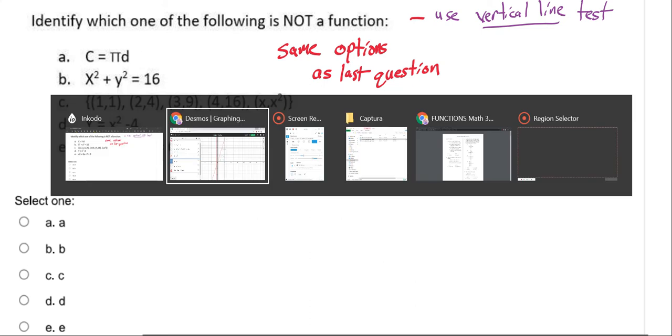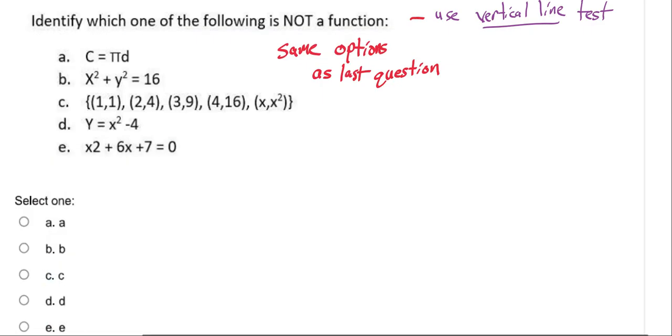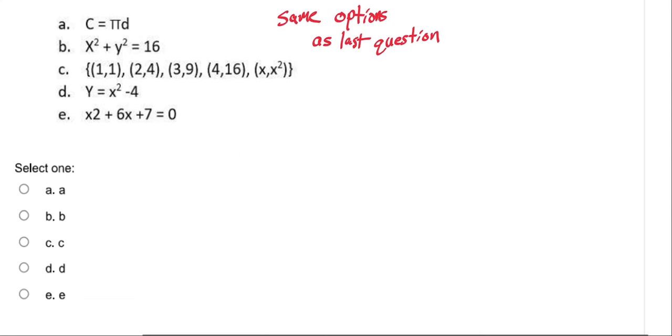So if we look at the graph that we just had, the one that made the vertical line was this one, 2x plus 6x plus 7 equals 0. That made the vertical line. And so the vertical line here, E, is not a function.